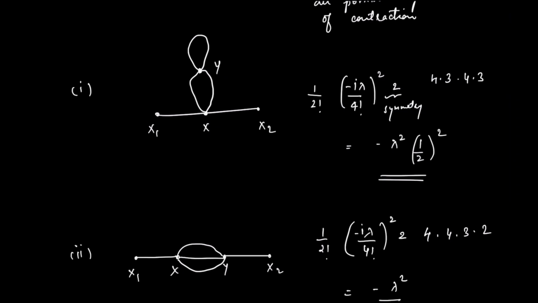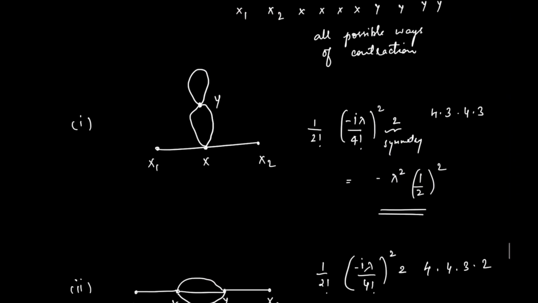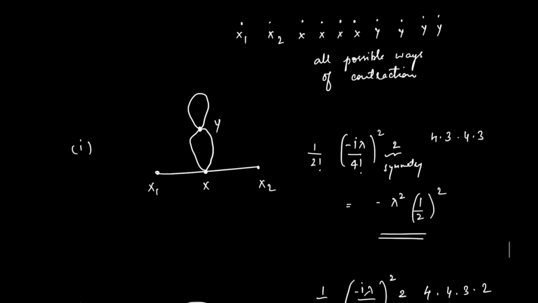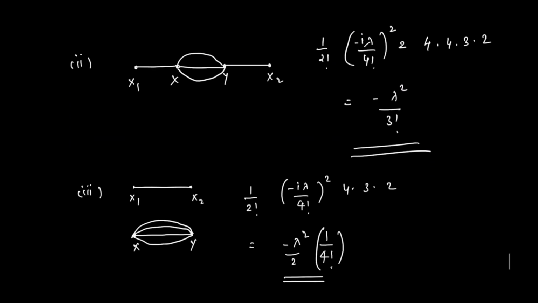If you see, this is a second order perturbation and there are two vertices here. In each diagram you can see there will be two vertices. So here you have one vertex, here there is another vertex. So there are two interacting vertices. Even in this diagram you can see there are two interacting vertices.